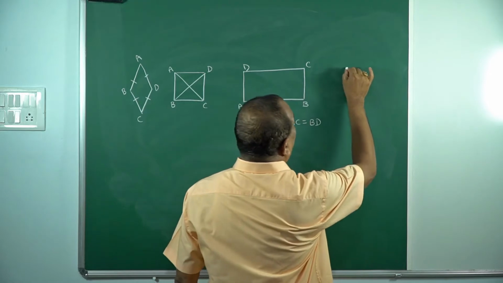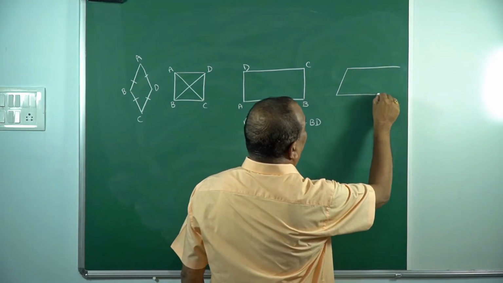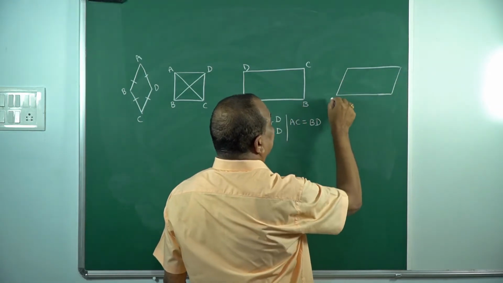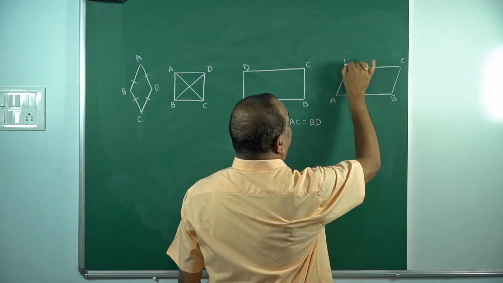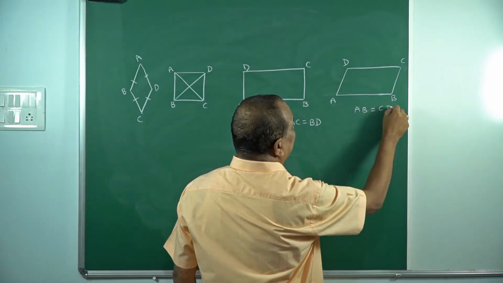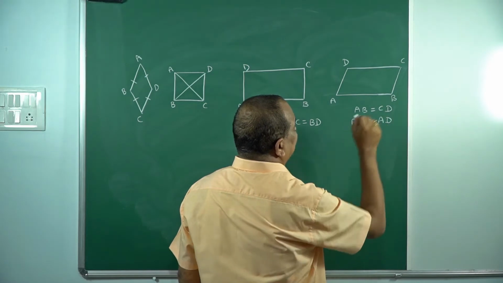But if you have a parallelogram, only opposite sides are equal and not necessarily the diagonals. If you have AB equal to CD, BC equal to AD, that's it.